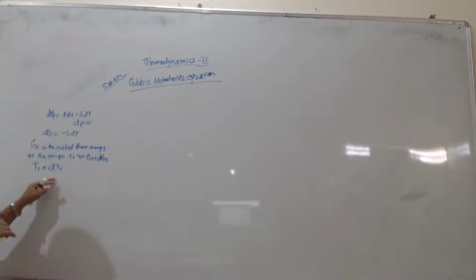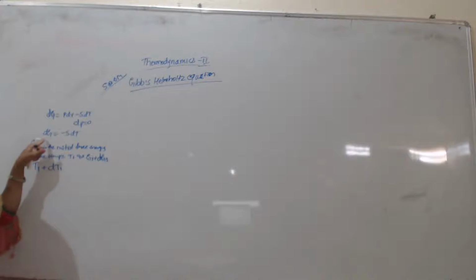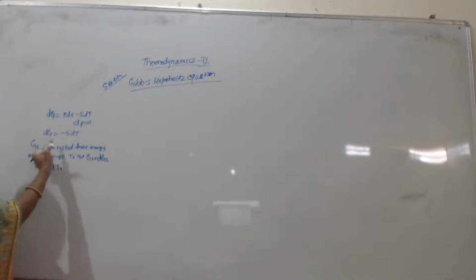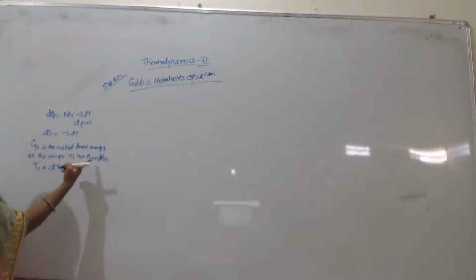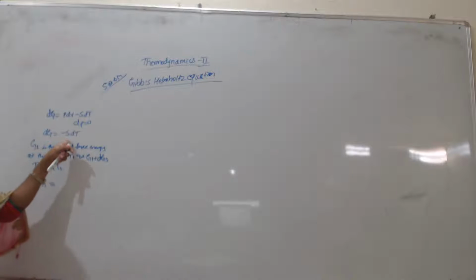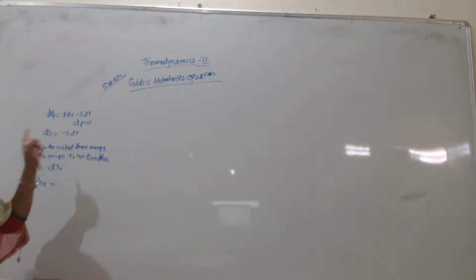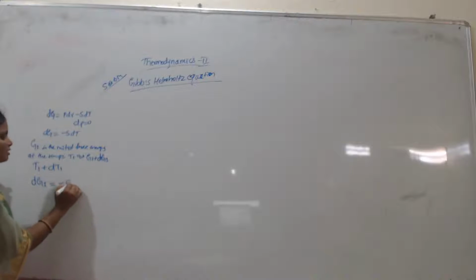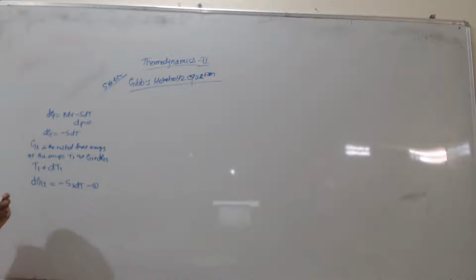Then dG1 is equal to minus S1 dT. This is equation number 1.